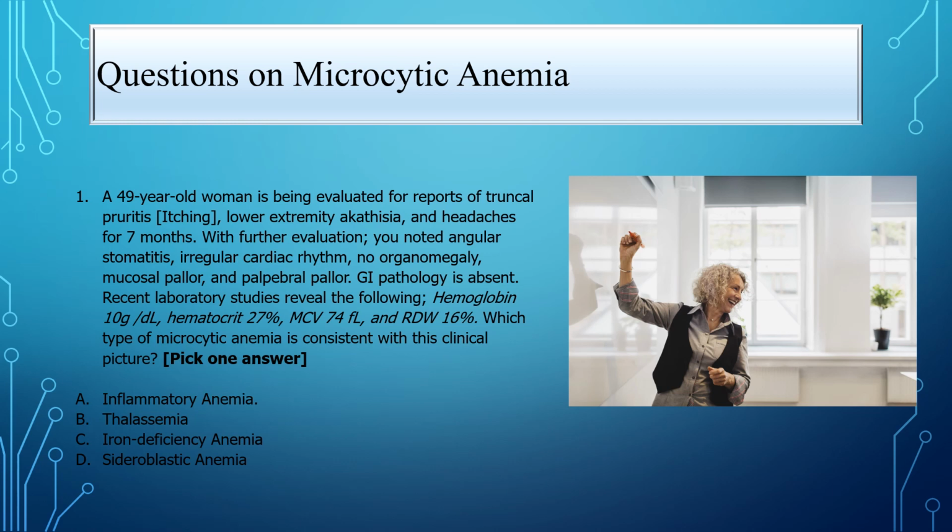So the question is, which type of microcytic anemia is consistent with this clinical picture? A, inflammatory anemia. B, thalassemia. C, iron deficiency anemia. D, sideroblastic anemia.